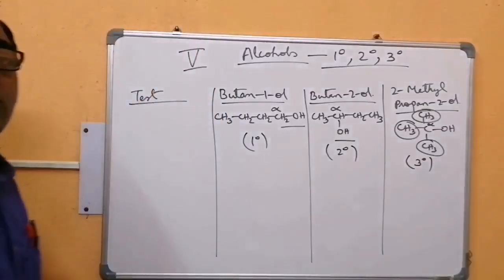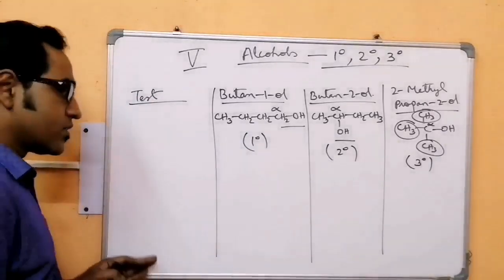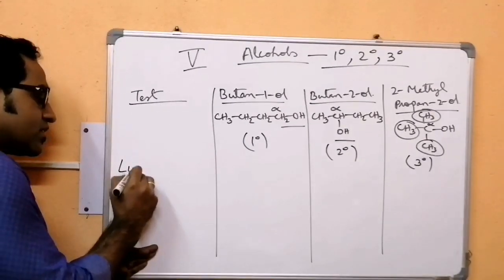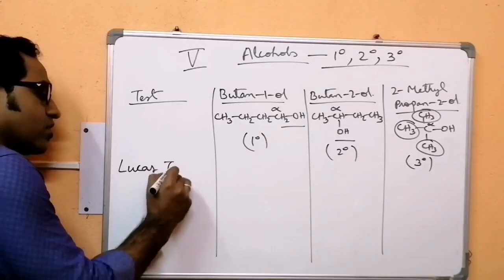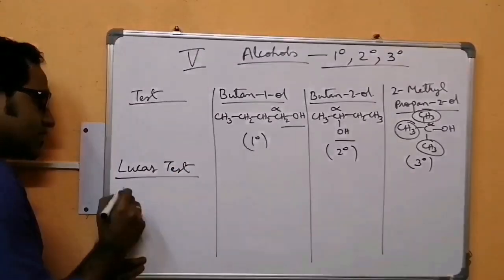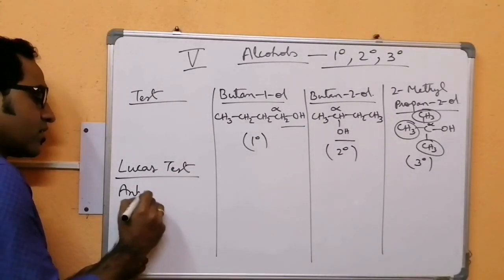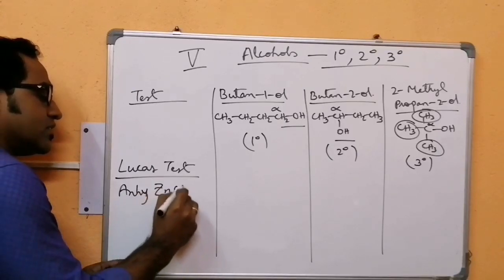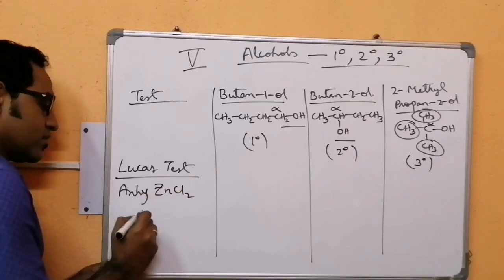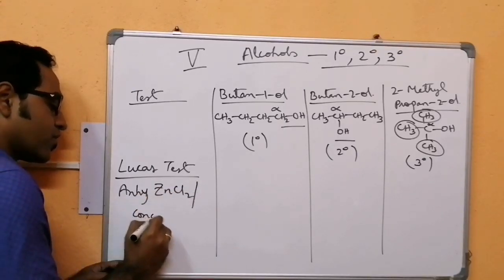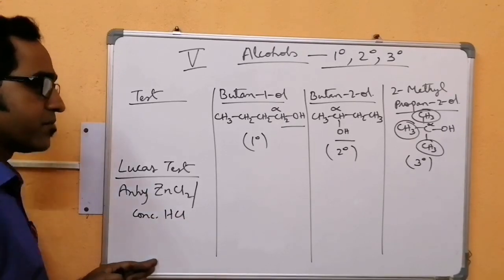Now what test we are going to do for alcohols? The test is the Lucas test. And the reagent is anhydrous zinc chloride in presence of concentrated HCl.